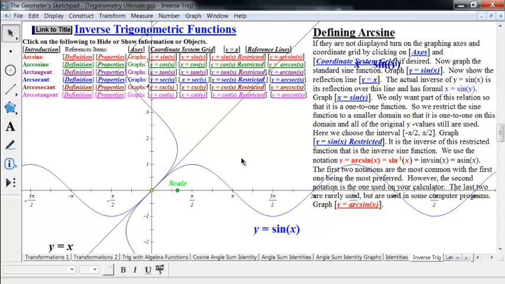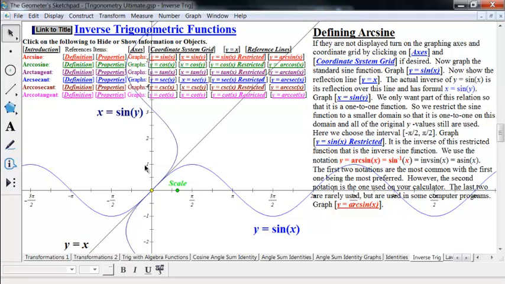And just as sine of x is a wave that's kind of centered on the x-axis, x equals sine of y is a wave that is centered on the y-axis, like that. And so, well, definitely that's not a function.